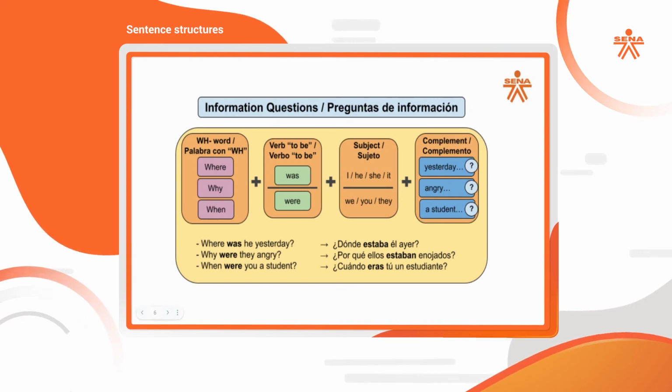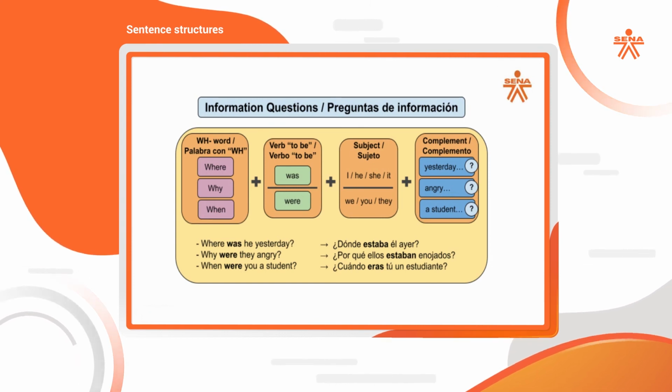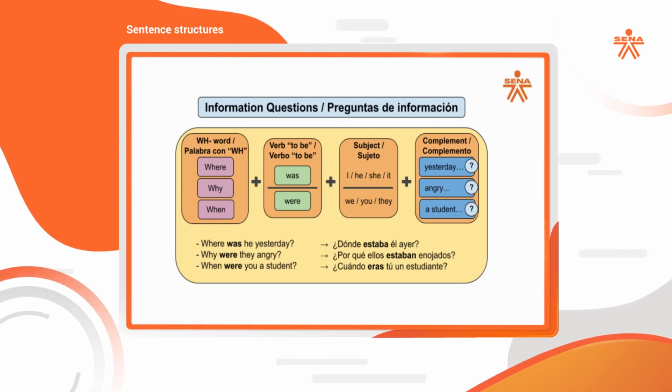Or where was he yesterday? ¿Dónde estaba él ayer? Why were they angry? ¿Por qué estaban ellos enojados? When were you a student? ¿Cuándo eras tú un estudiante?